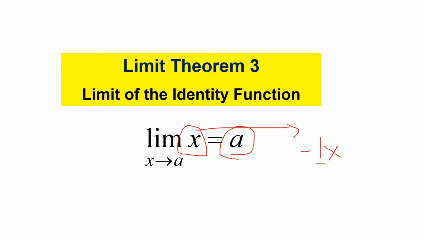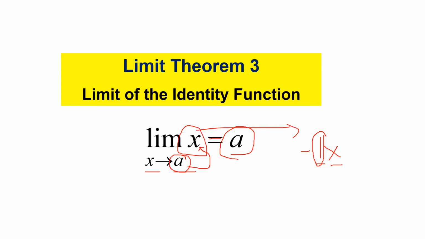Why? Because we're going to substitute the value of this a to the given variable in your limit. If x approaches a, and the only given in your limit is a variable x with a numerical coefficient which is equal to 1, then whatever x is approaching, that will be the value of the limit of this x when x approaches some value. So that will be a.